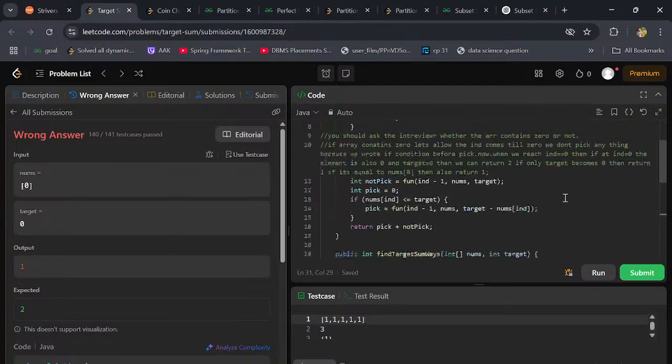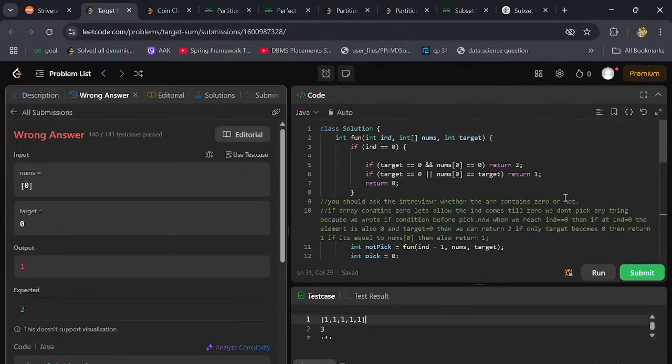If index equal to 0 and target equal to 0, now return 2, expected 2. Target 0 and nums of 0 equal to 0. Why is it returning 1? Target 0 or nums of 0 equal to target.